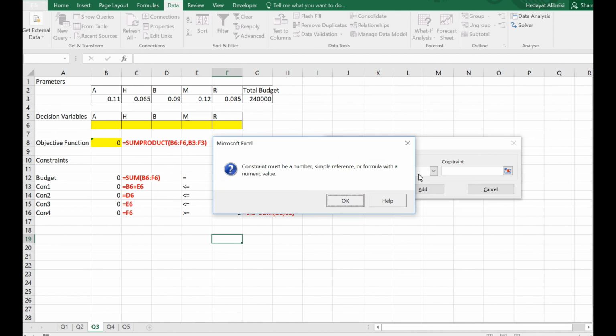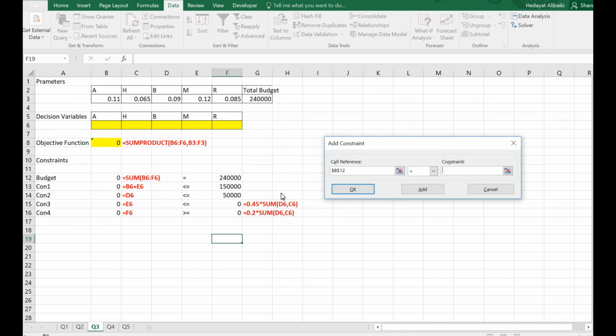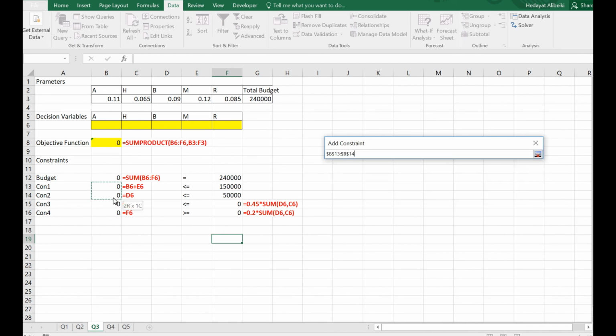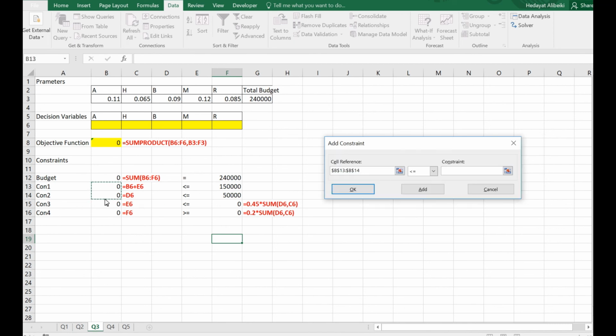Subject to B12 should be equal to F12. These 3 guys should be less than or equal to the 3 guys. And then the last constraint, this should be greater than or equal to the right hand side.